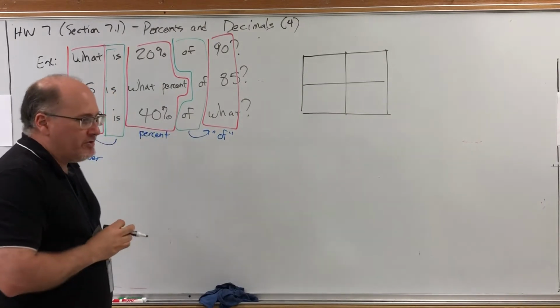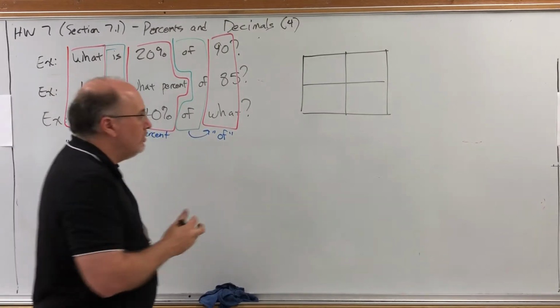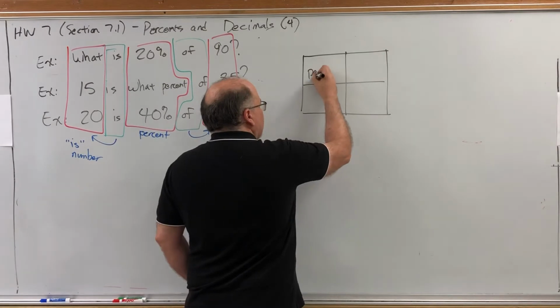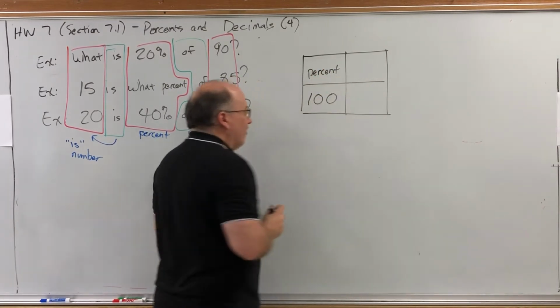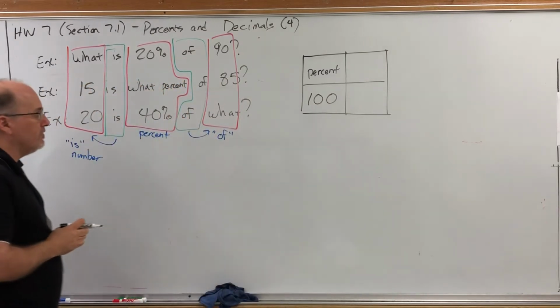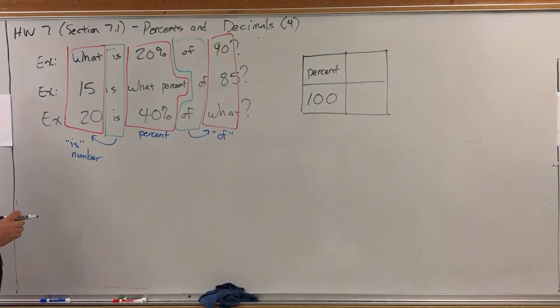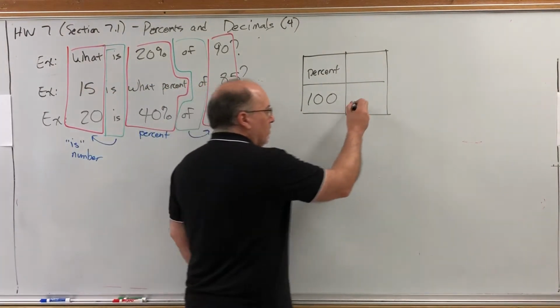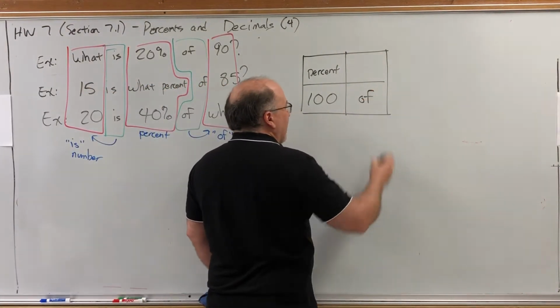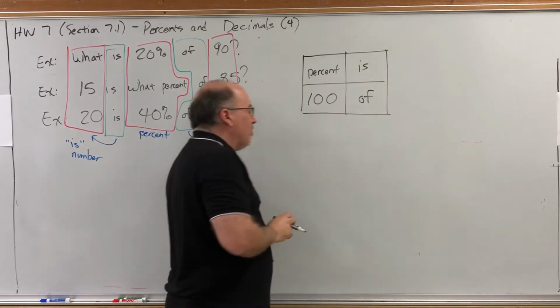Percents are just about ratios, the part to the whole. So when you see a percent, it is part of 100. Percent means per 100. Between the is number and the of number, the of number represents the whole, and the is number is the part of it.